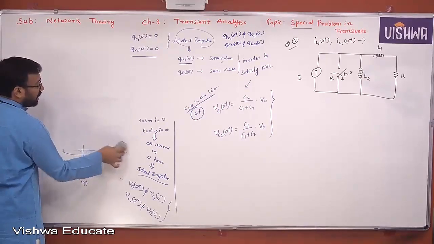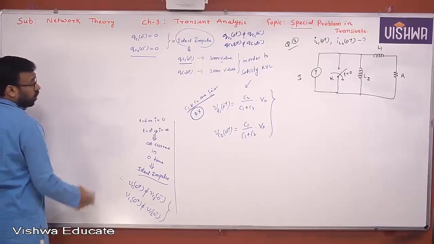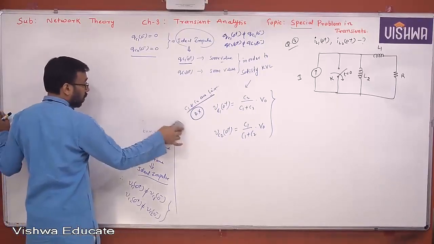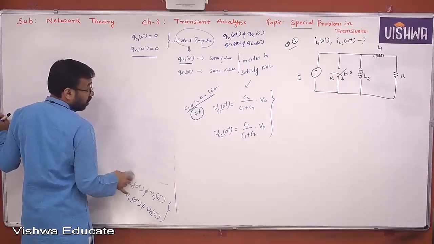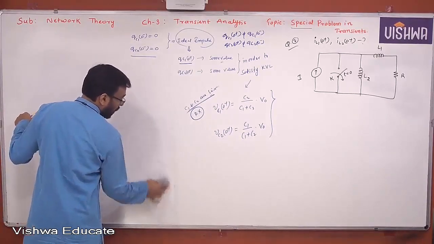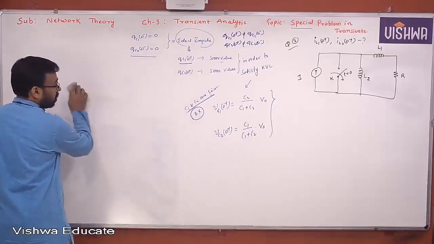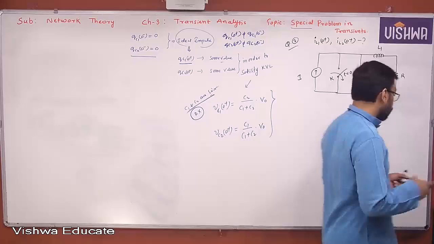So can you charge an inductor by keeping a short circuit across it? No, not possible. Therefore, IL1 of 0 minus is 0. Obviously, IL2 of 0 minus is also 0. So the current flowing through L1 and L2 at t equal to 0 minus was found to be 0.